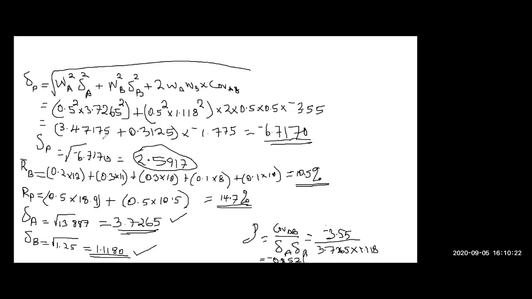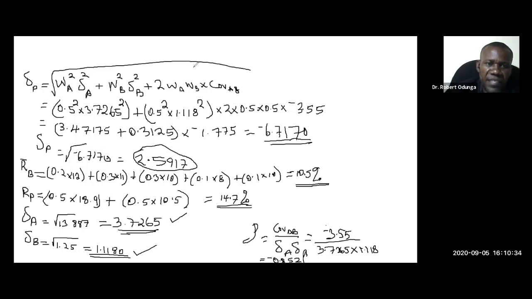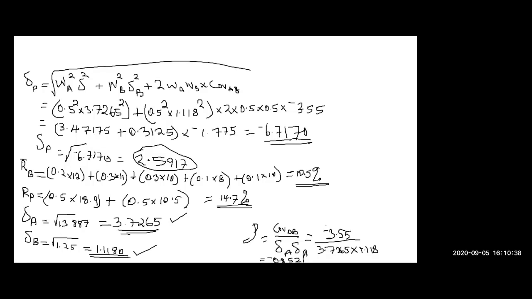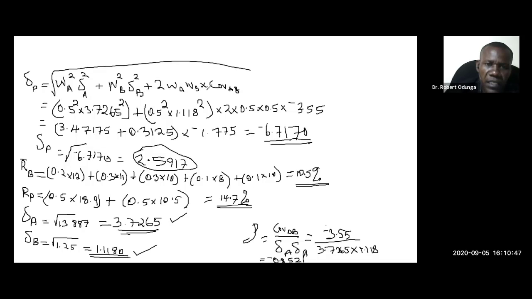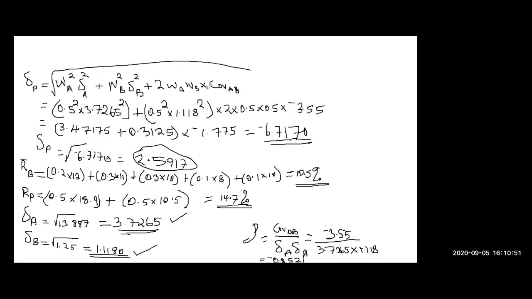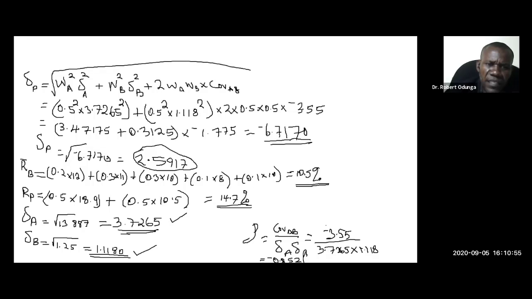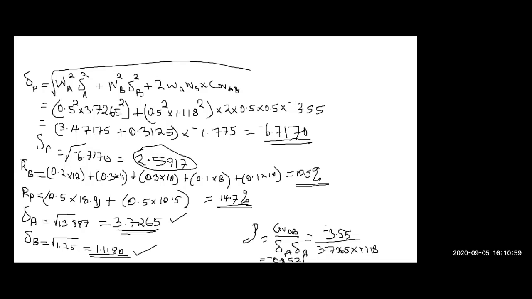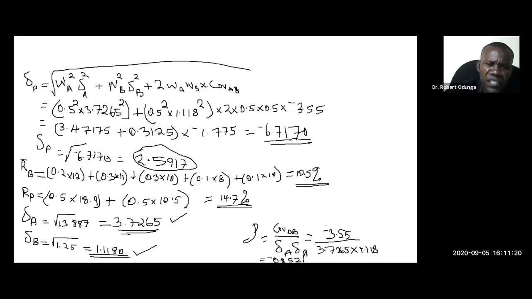Both things are right. However, in the square root, the formula says weight of A squared times standard deviation of A squared, plus weight of B squared times standard deviation of B squared, plus 2 times weight of A times weight of B times covariance of AB.